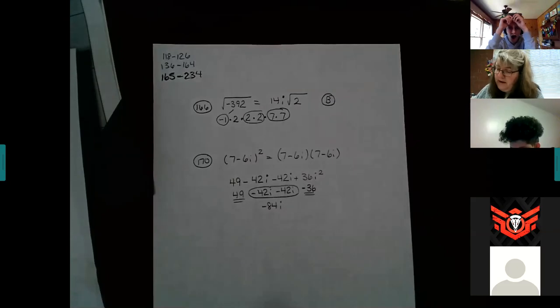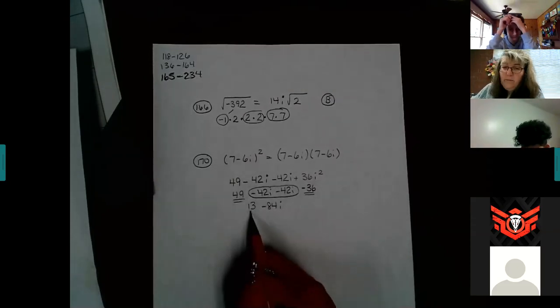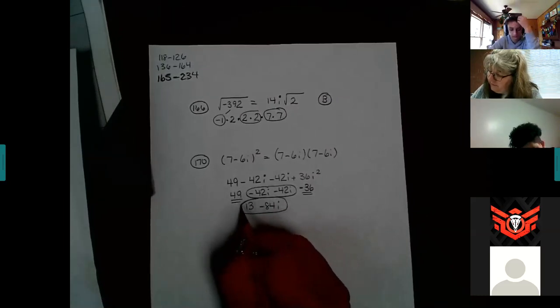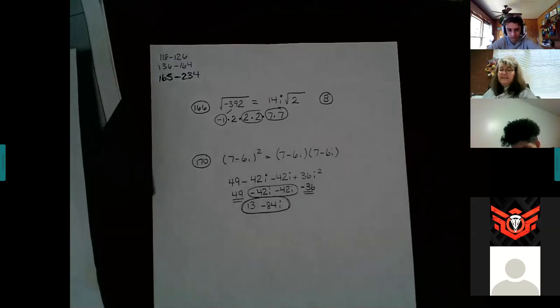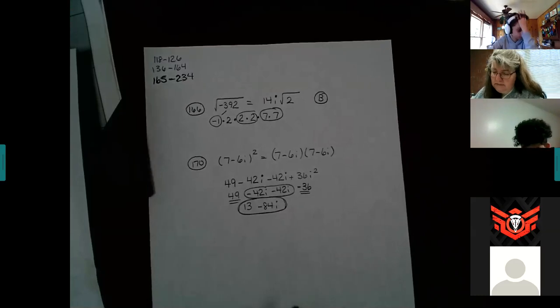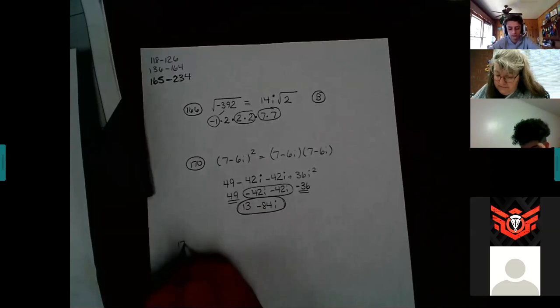Yep, positive 49 and negative 36 is 13. Remember that the real part goes in front of the imaginary part. That one wasn't multiple choice. That was a free response. And that's the answer, 13 minus 84i. Any questions? That wasn't hard. No, not bad. Okay, so that's a multiplication. Now let's do a division.